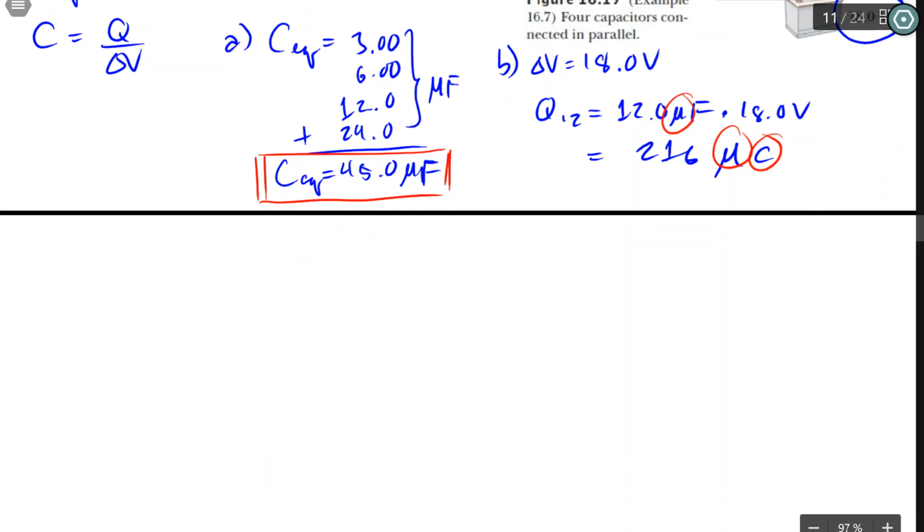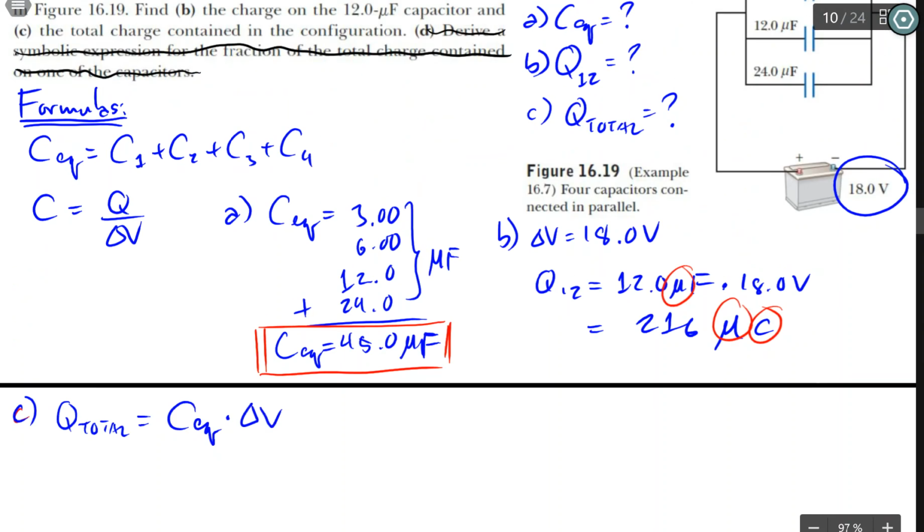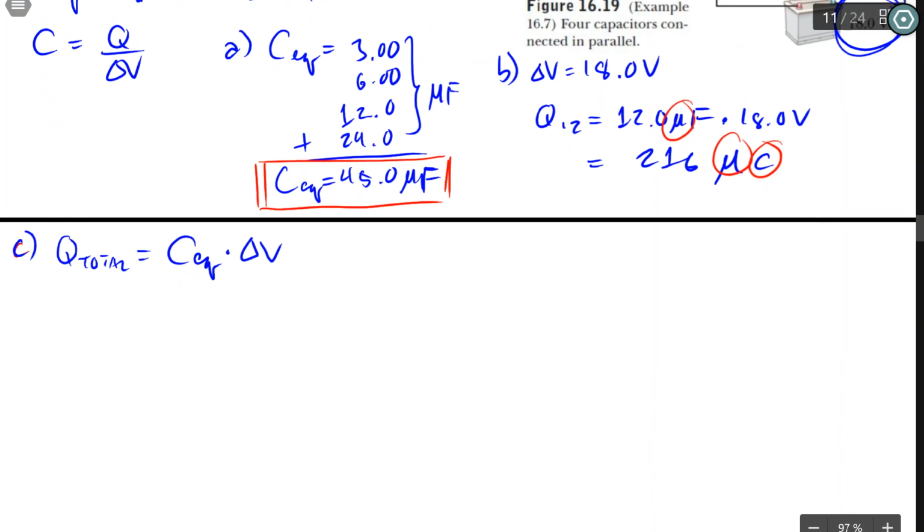But how about for the total? Now, since we have the total charge, it will just be from the equivalent, our total capacitance, times the potential difference applied by the battery right there. And so that is actually not too bad either.